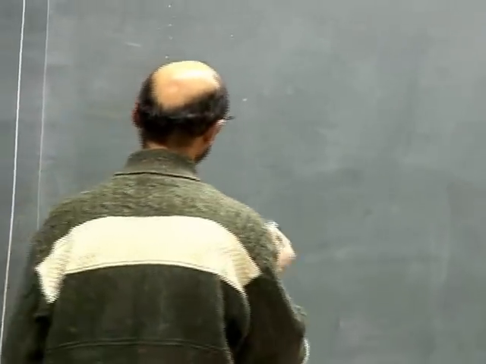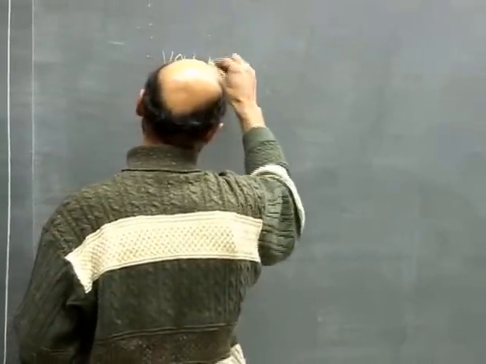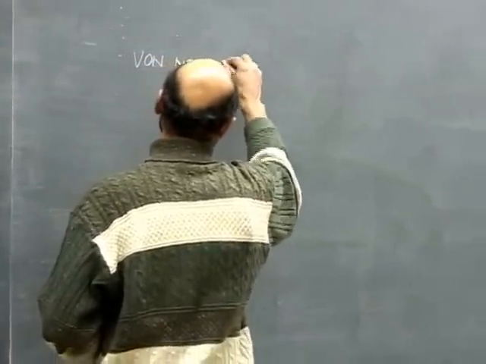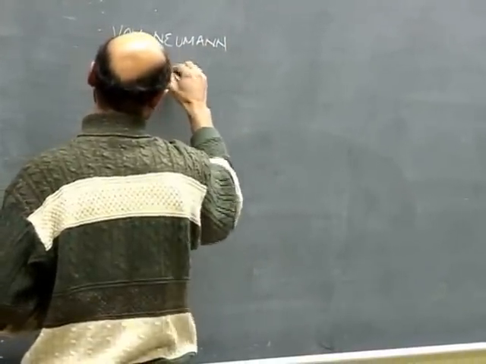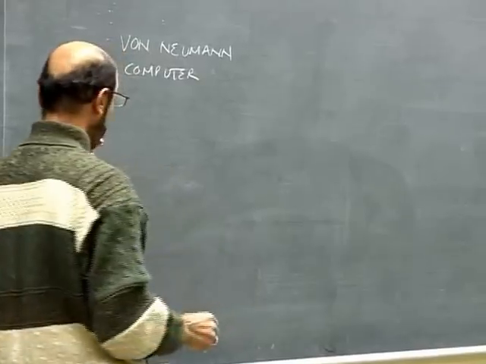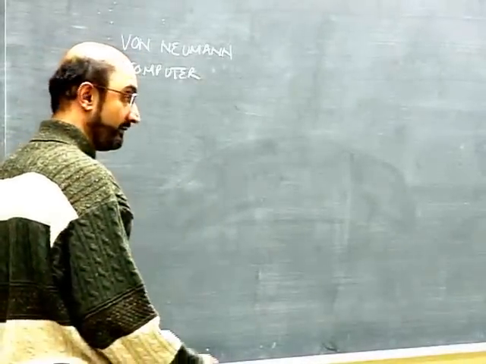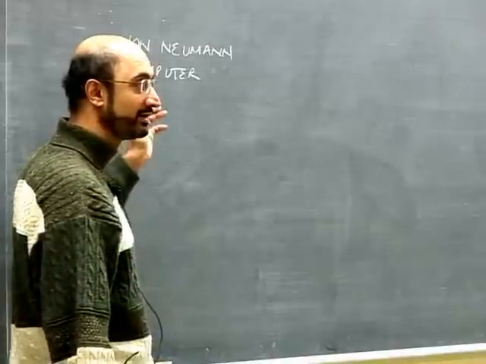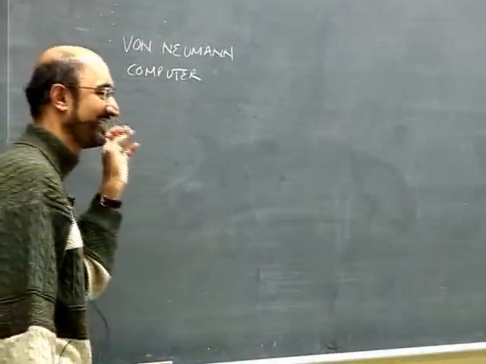So let's start right at the beginning and see what a stored program computer is. This is what's called the von Neumann computer, and it is due to John von Neumann, who was a pioneer in this field. If you ever want to feel like an insignificant worm, just look up von Neumann's biography.